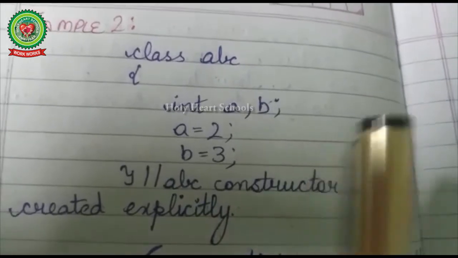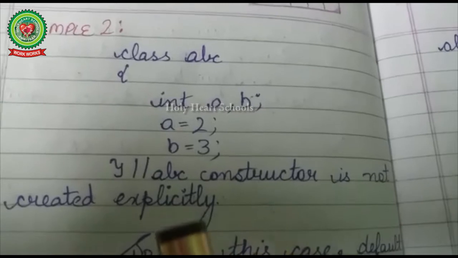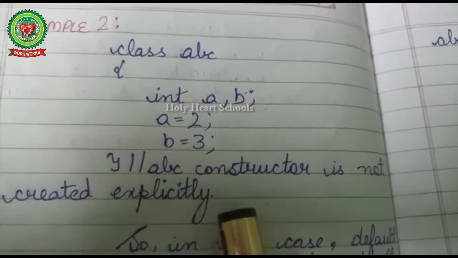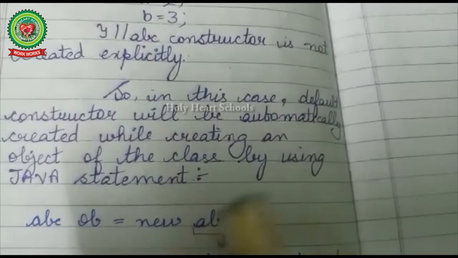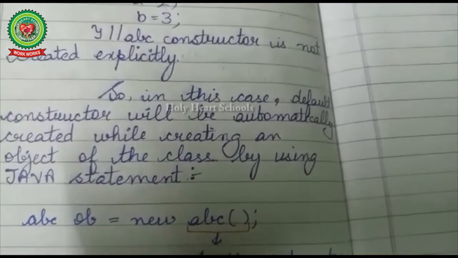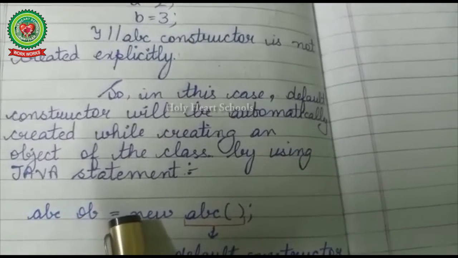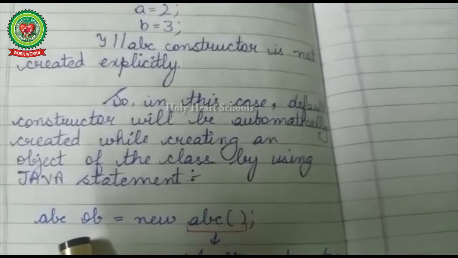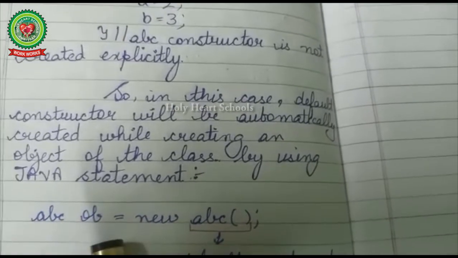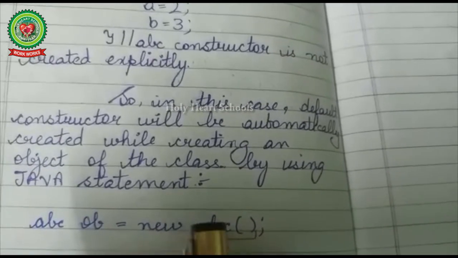Let's see another example. In this class, I have not created any constructor of type ABC. So, in this case, the default constructor will be automatically created while creating an object of the class by using this Java statement: ABC, that is the class name, ob, that is the object name, equals new ABC().